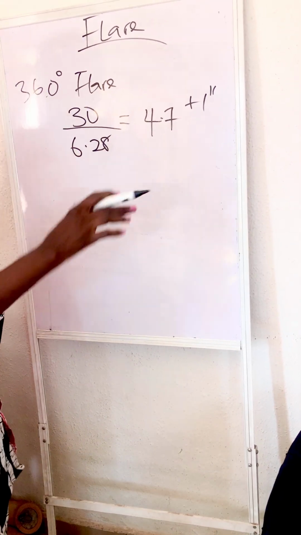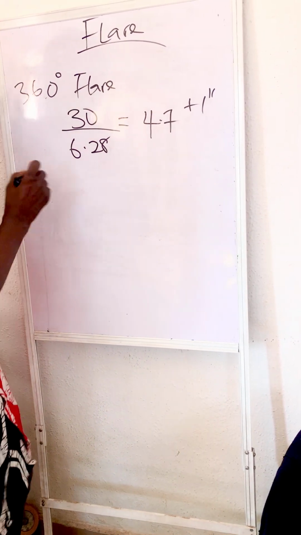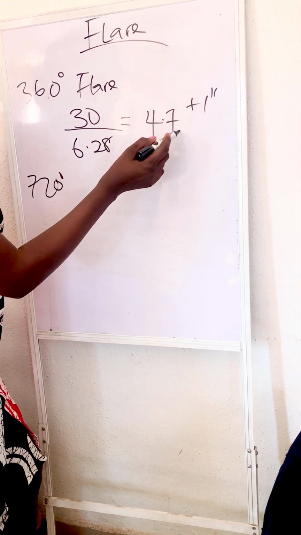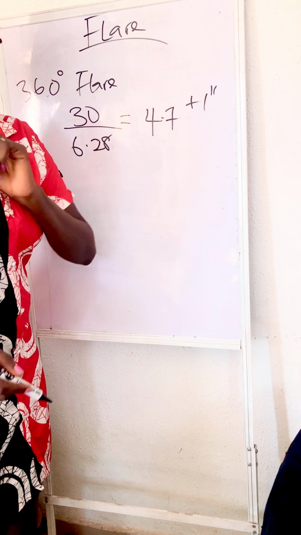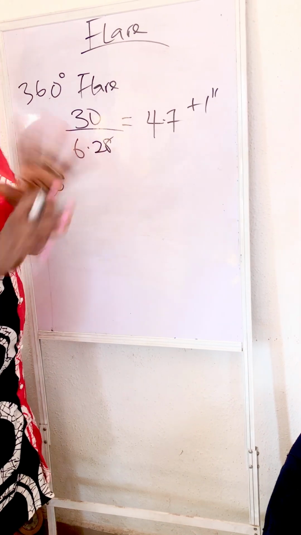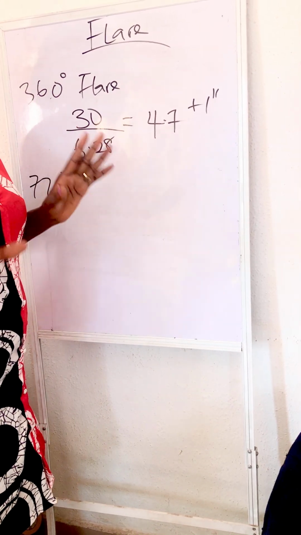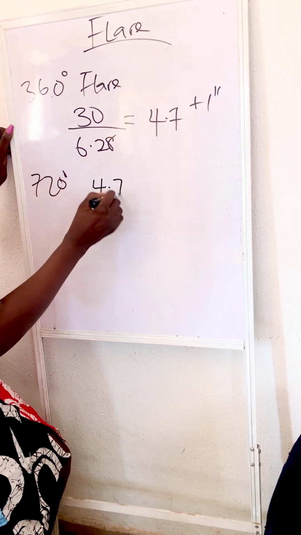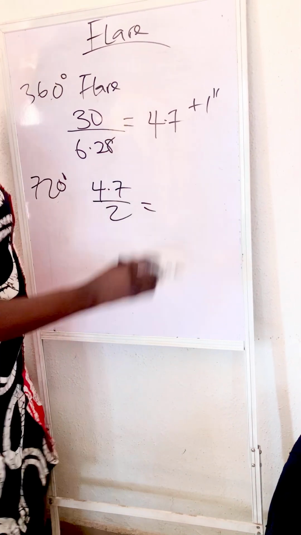Now, this is for the 360-degree flare. If you now want to do the 720-degree flare, you know you have got 4.7 here. I know that sometimes you have to add 1 inch, not all the times, not all measurements. So for this 720, this 4.7 divided by 2 is giving you what?